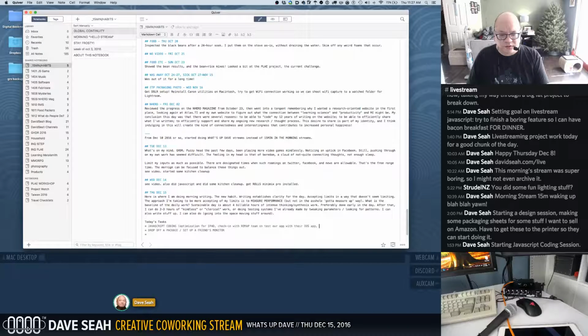I also need to plan the next feature, or pick the next feature from our Trello board. And is that it for today? There's supposed to be other things. They'll probably come to me, but I'm trying to remember that I need to put everything in this notebook.